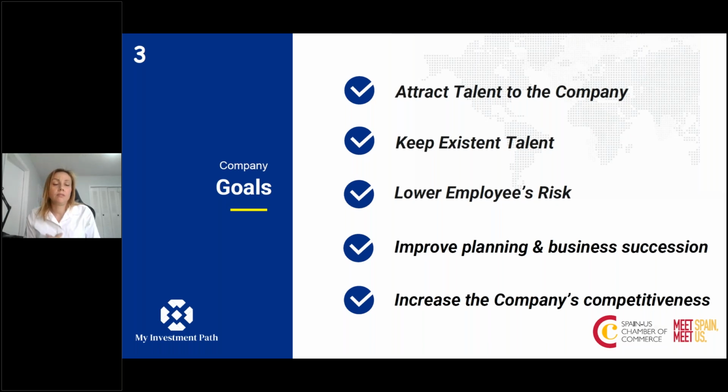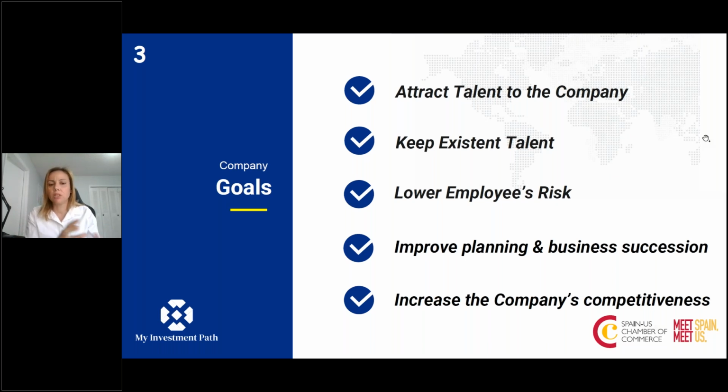Also, other company goals for business owners are improved planning and business succession strategies. Planning in your business is very important as well, because you're introducing yourself in another country, and you may implement some strategies in place on the what ifs. What if something happens to me? What's going to happen to the company?